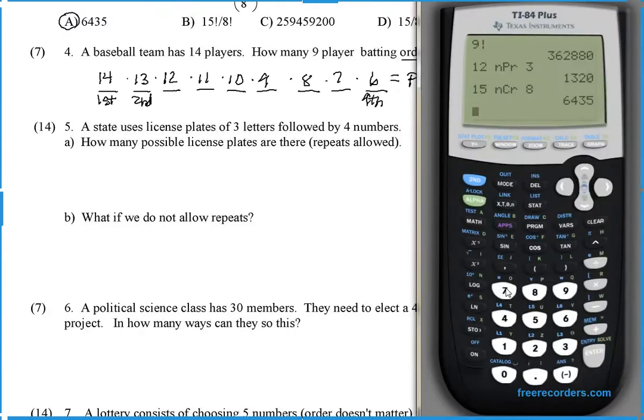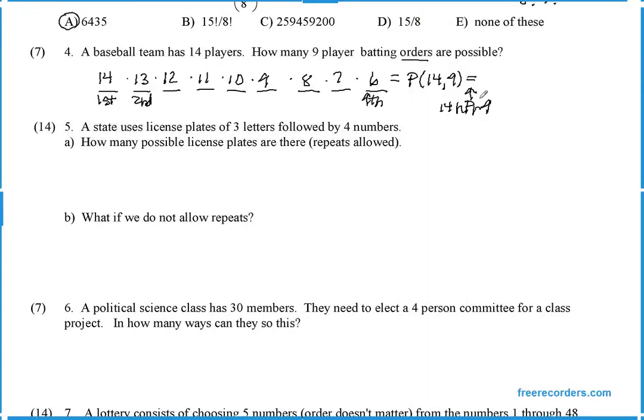So let's key that in real quick. So we got 14, and then we're doing math, probability, nPr, 9, and we get quite a lot here. 726,485,760.